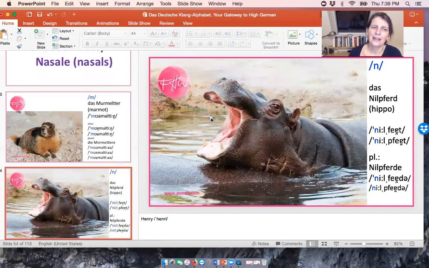And another thing is, in English, you have no final obstruent devoicing, and in German you do. So when you spell something with the D, like the German word bath, B-A-D, bad, the D is pronounced like a T because it's at the end of a word.